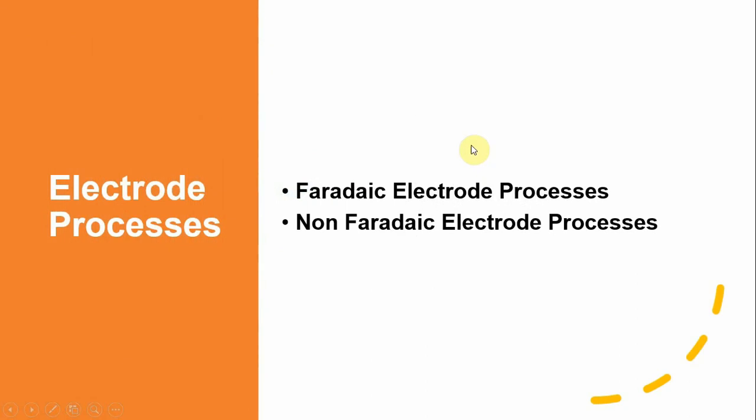The electrode processes consist of two processes: the Faradaic electrode process and the non-Faradaic electrode process. The Faradaic electrode process, as you may remember, is the one in which heterogeneous electron transfer takes place, and the non-Faradaic electrode process is the process other than the electron transfer process.